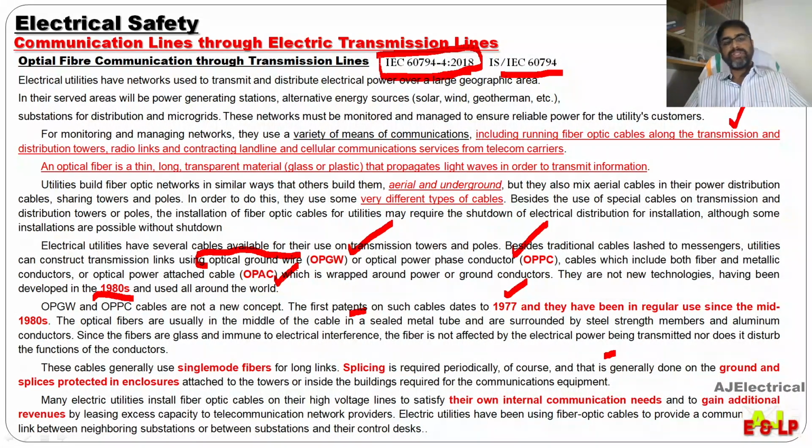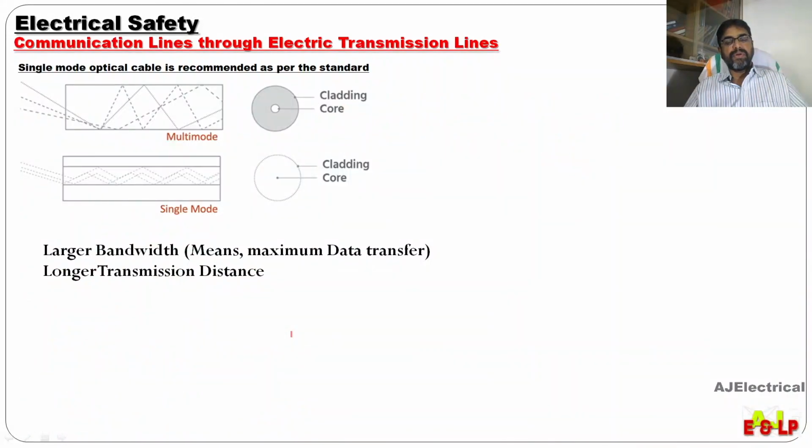See, as per this standard, for communication through the transmission lines, the fibers must be single mode fibers. Actually, what are single mode fibers? See here, you can see a fiber cross section.